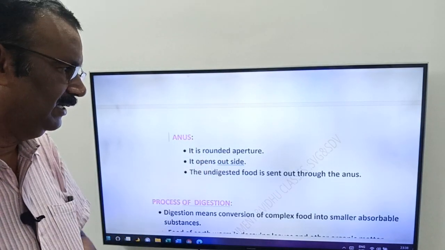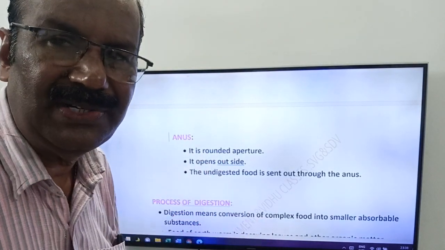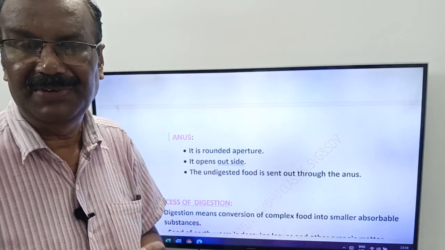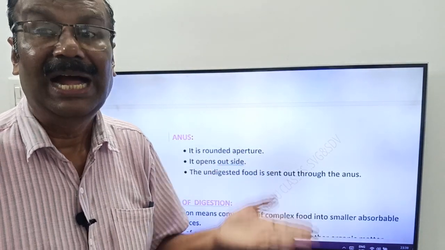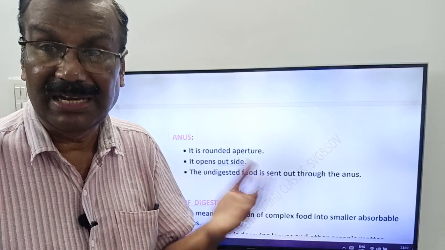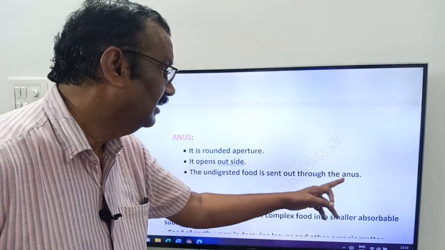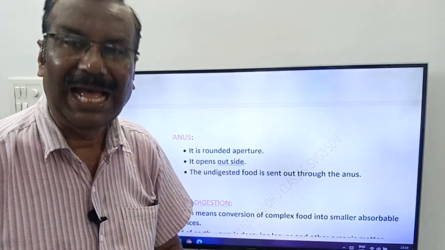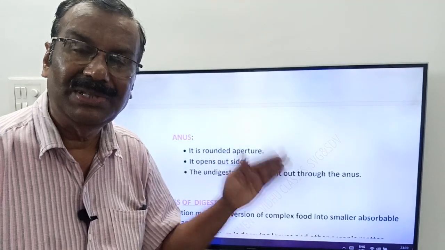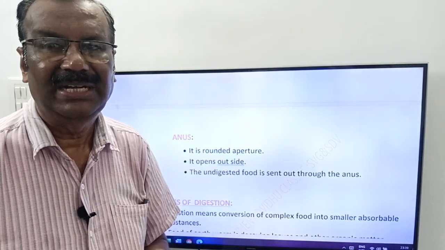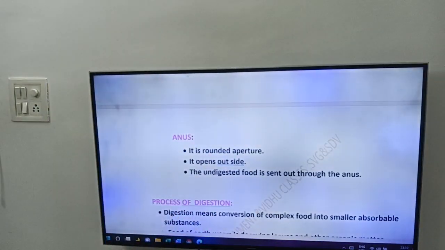It opens outside. What is the role of the anus, friends? It is an opening through which undigested waste materials, only fecal matter, is sent out through the anus. Okay, this is about the structure of the alimentary canal or digestive canal of earthworm.